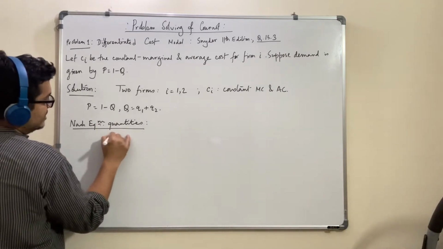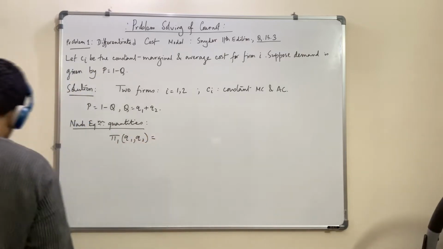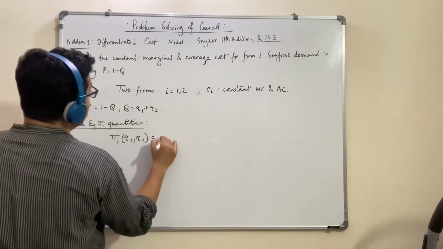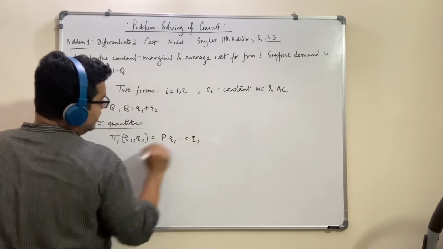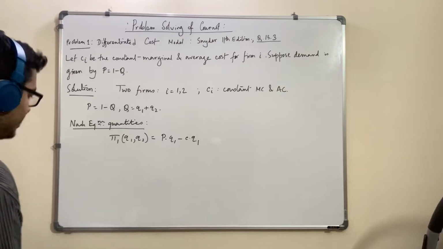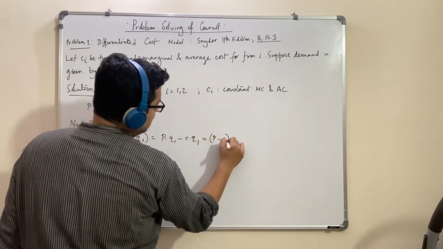So our first task is to construct the profit function pi1 of (q1, q2), which is p times q1 minus c times q1. Now, this can also be written as (p - c) times q1.